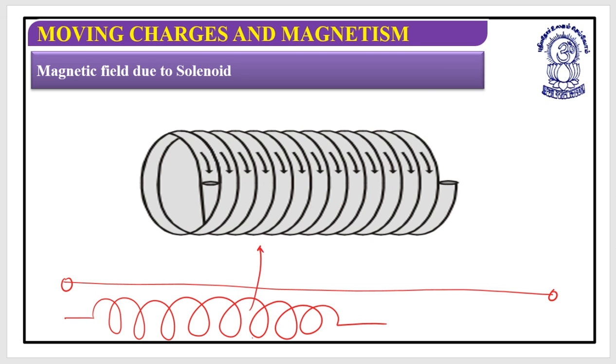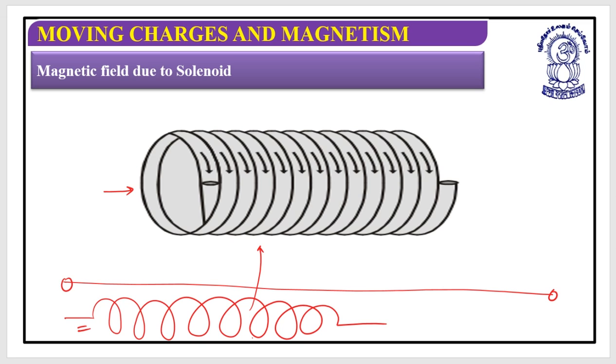This is the diagram I have shown; it is just the 3D version of this diagram. So basically a solenoid is just a number of circular coils.